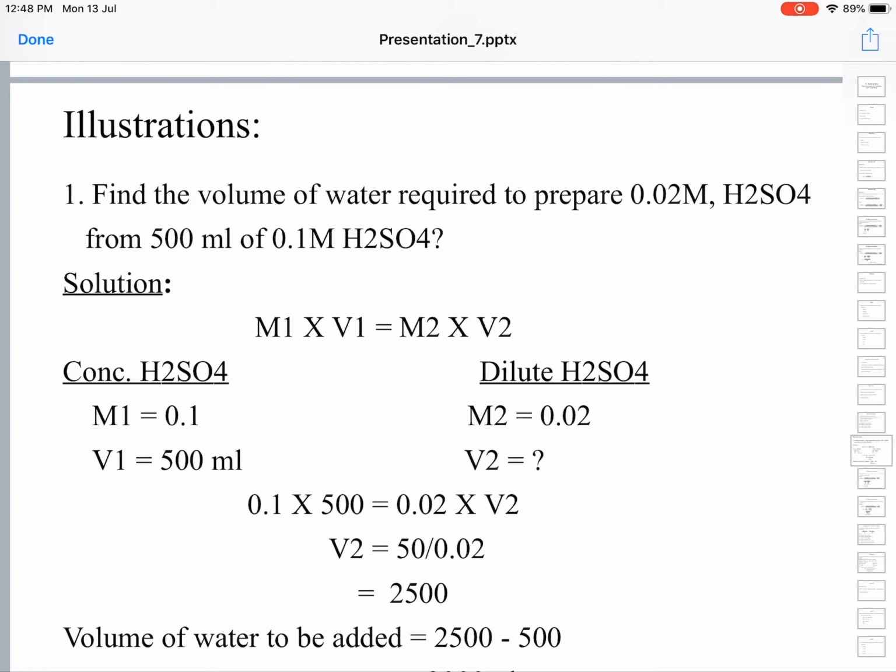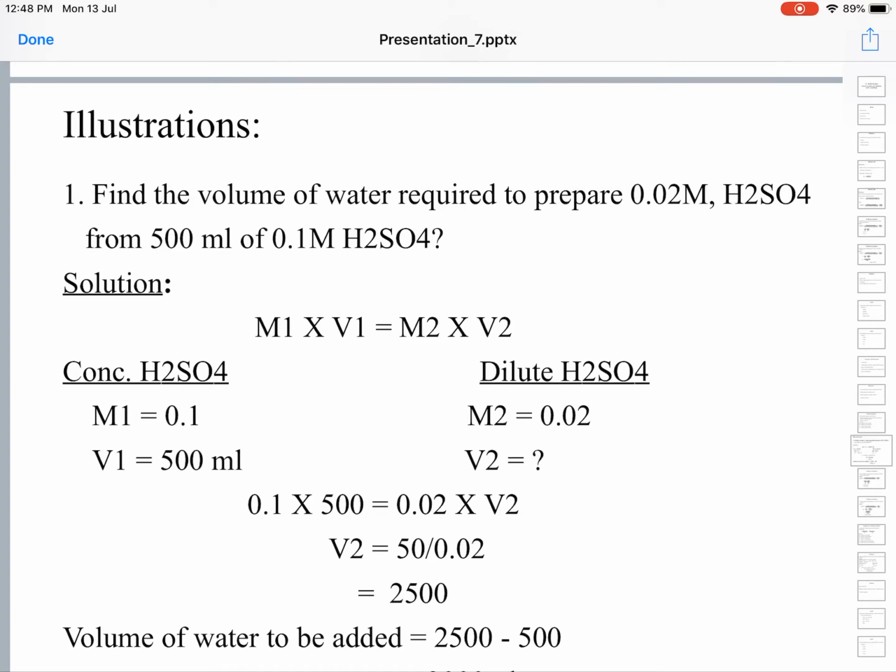So, now we use the formula. Here M1 is the concentration of the concentrated, or first, solution, 0.1 M. V1 is 500 ml. M2 is 0.02 M, the final concentration that we have to attain.